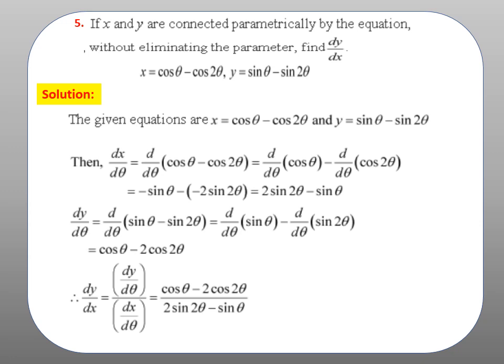So putting these values in dy/dx, that is (dy/d theta) upon (dx/d theta), you will get your desired solution to be (cos theta minus 2 cos 2 theta) upon (2 sin 2 theta minus sin theta). So pause and note down the solution.